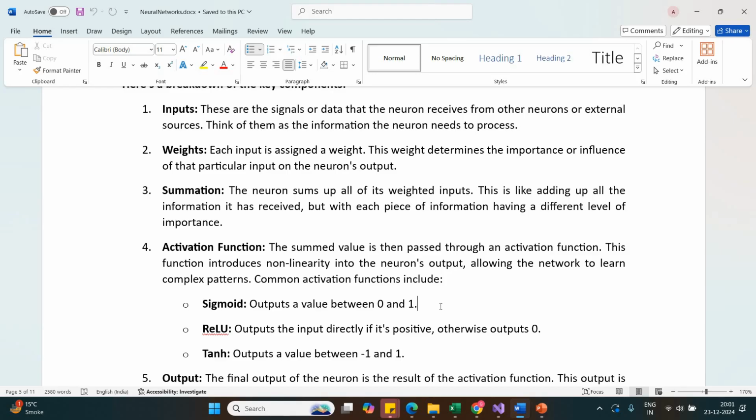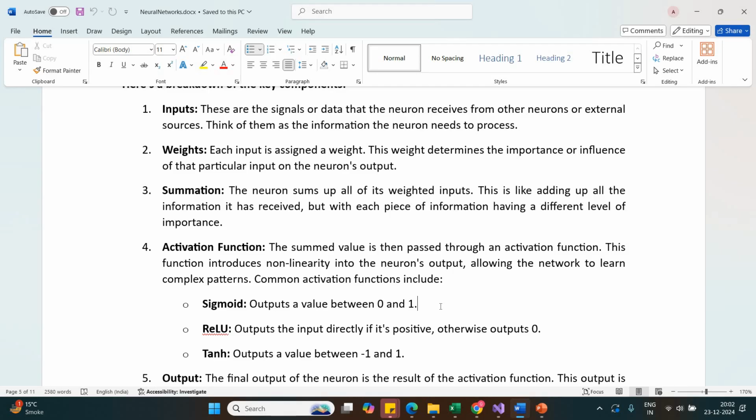So that's why, to be able to identify complex patterns in images: a cat will not always come with the face in front of you when it is provided to the machine. It may be that you are providing the side face of the cat. It may be that you are providing the back portion of the cat, sitting, and you are asking whether this is a cat or not.